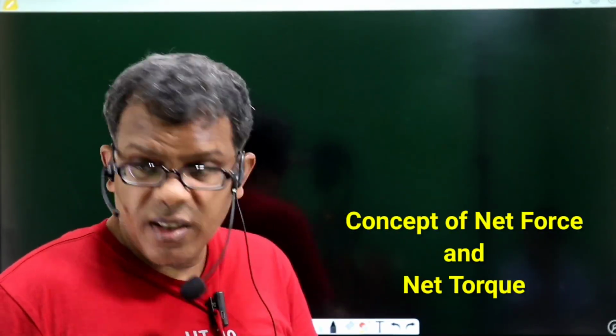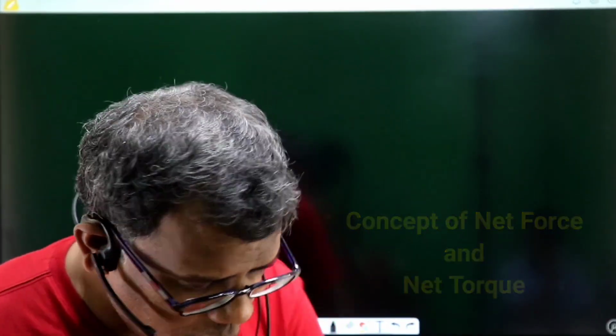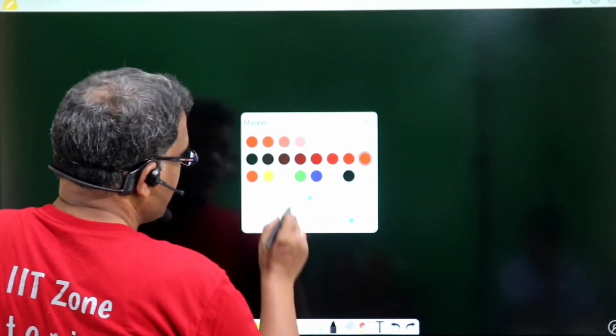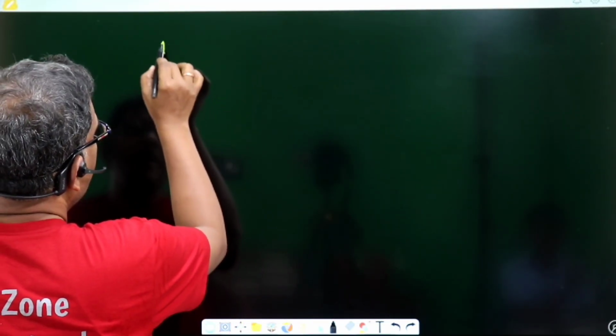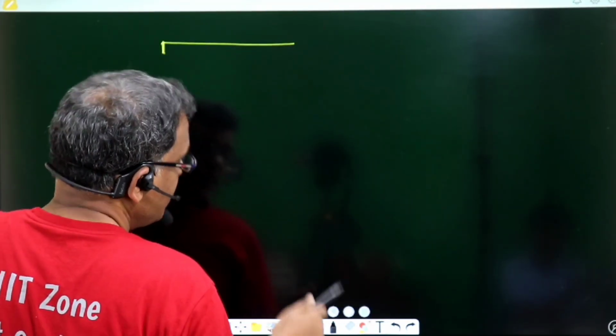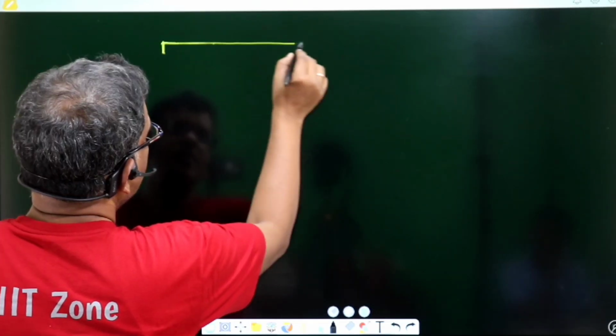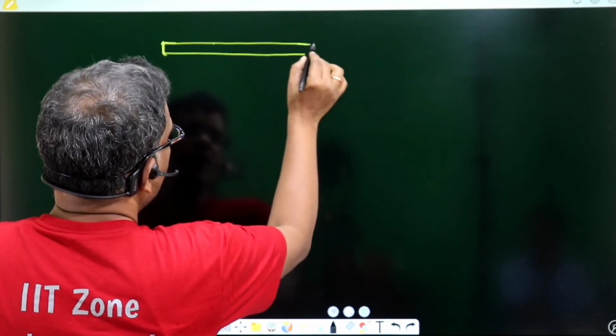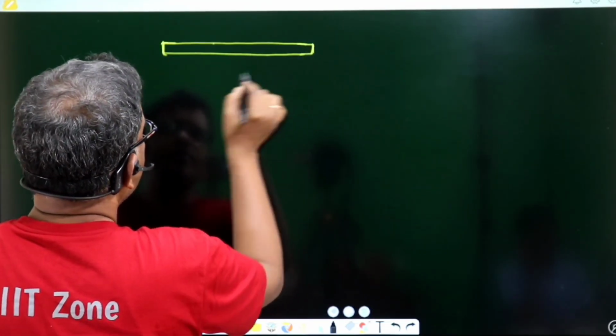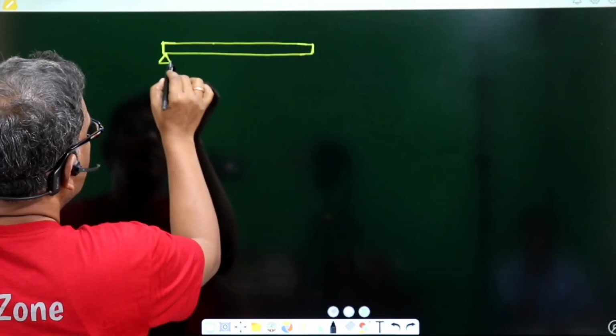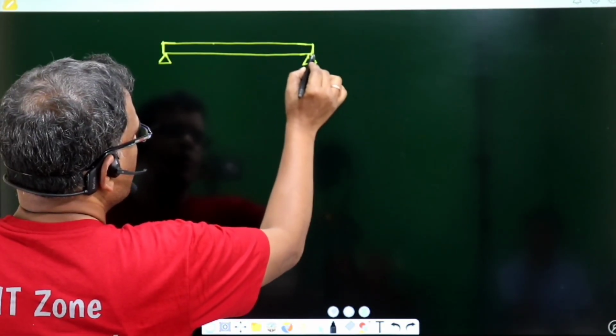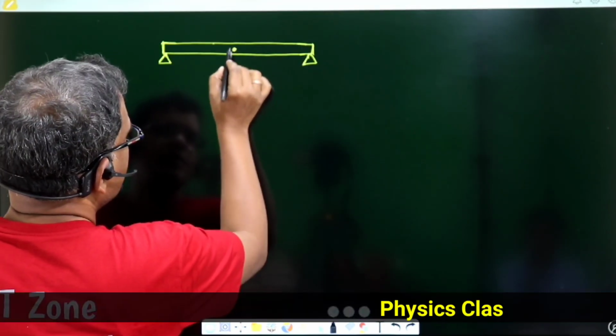So based on that, suppose I give you a situation with a rigid rod at rest, and let the support be given at its two ends.